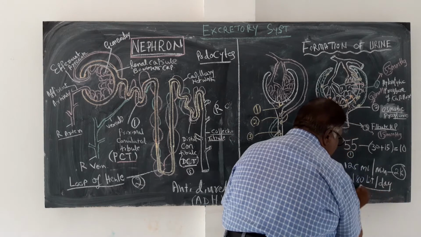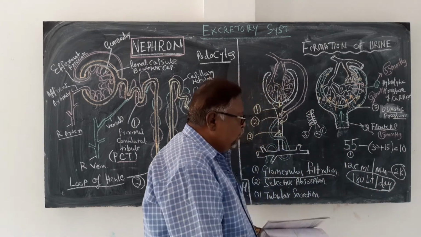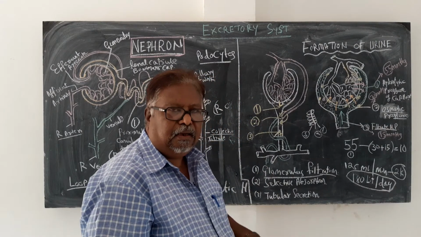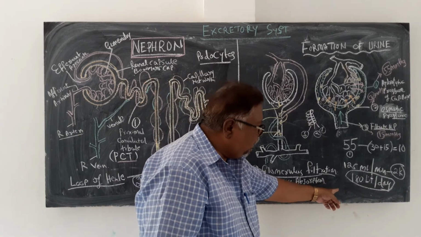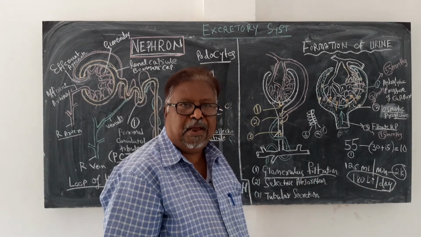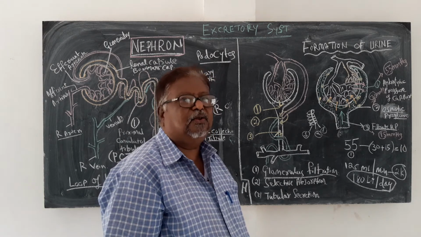See what a huge quantity is produced by the kidney. Every day they produce 180 liters of filtrate. A huge quantity of watery waste is produced, but it is not completely thrown out.